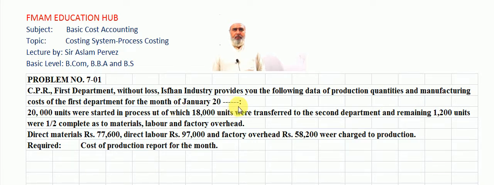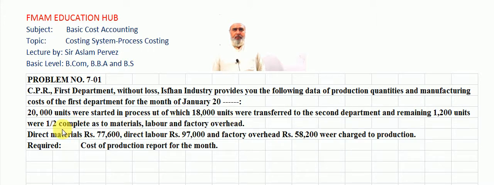In this problem, 20,000 units were started in process. Out of which 18,800 units were transferred to the second department and the remaining 1,200 units were half complete as to materials, labor and factory overhead.